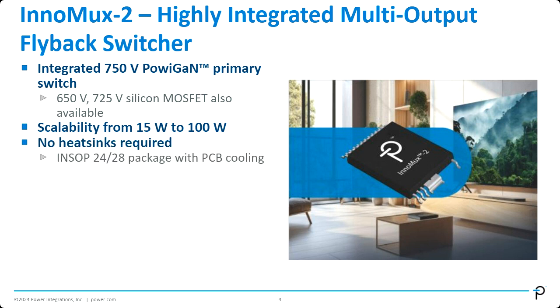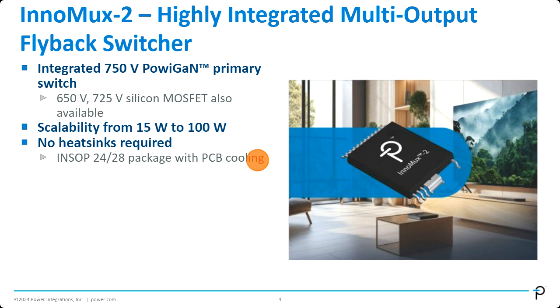InnoMux-2 comes in a proprietary Power Integrations package, the InSub-24 or InSub-28 package. It's very thermally efficient. And what we can do is to simply use the source pin of the package here, connect it to the PCB, add a bit more copper pour area to fully utilize PCB cooling.